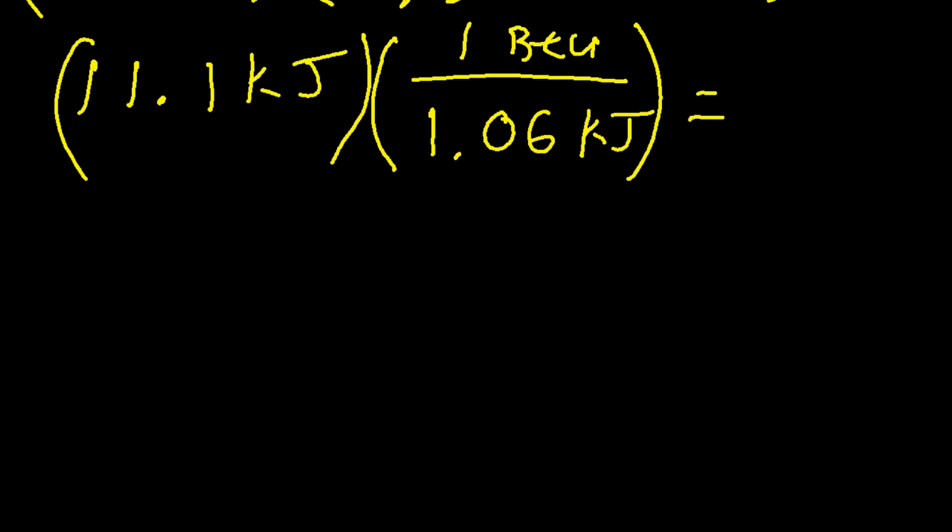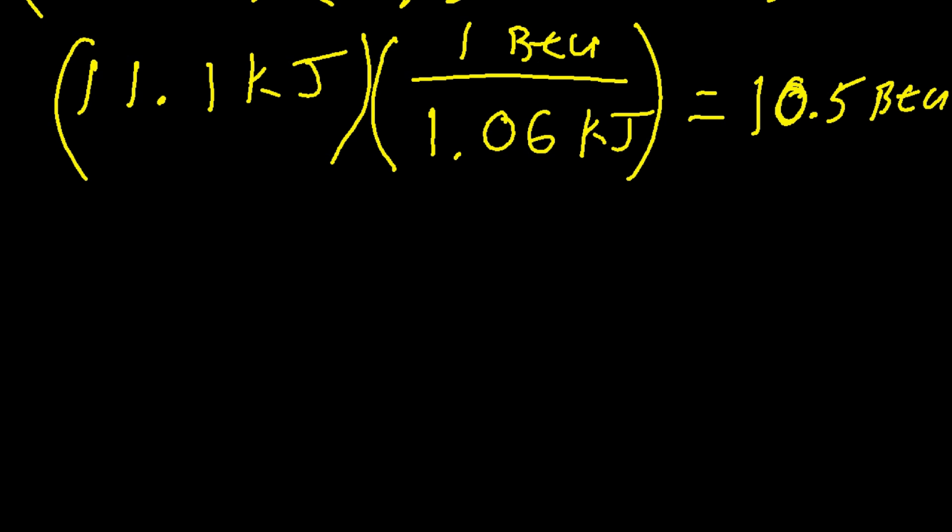That's going to keep us pretty close when I type it into my calculator. 11.1 divided by 1.06, it doesn't change very much. I come back with 10.47. We'll just call it 10.5, which is close enough for what we're doing. So 10.5 BTUs.